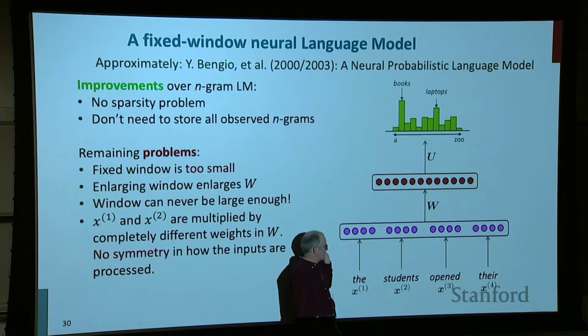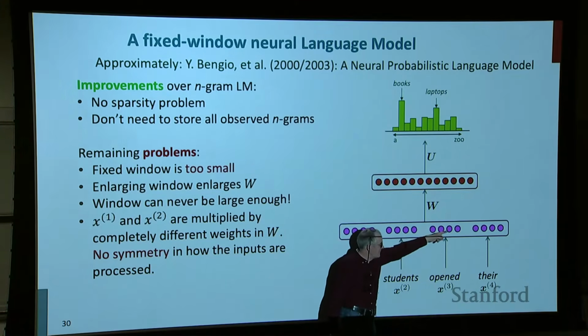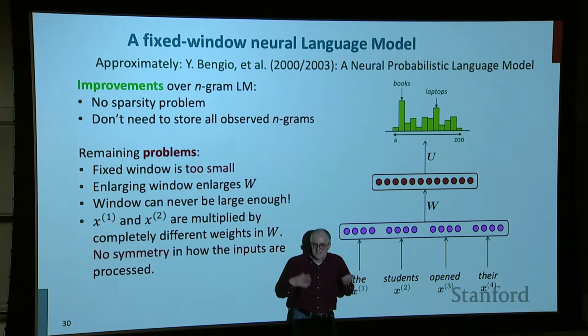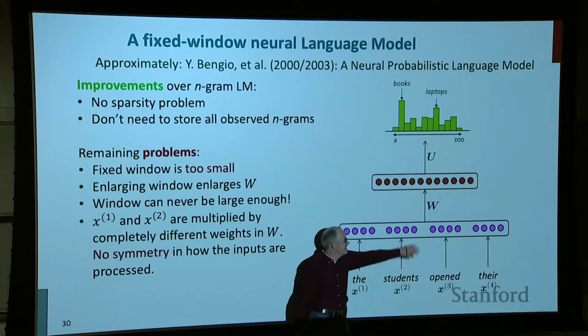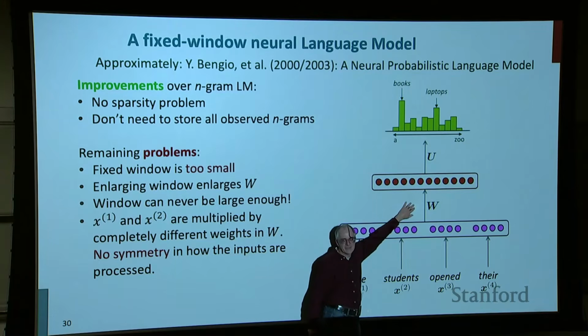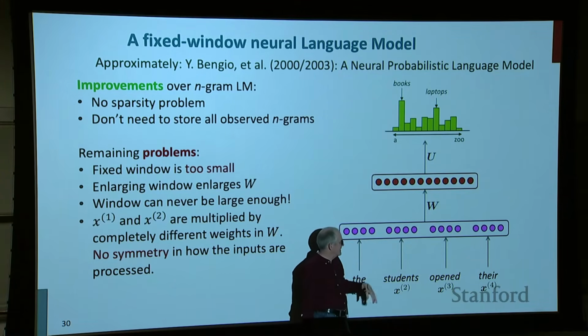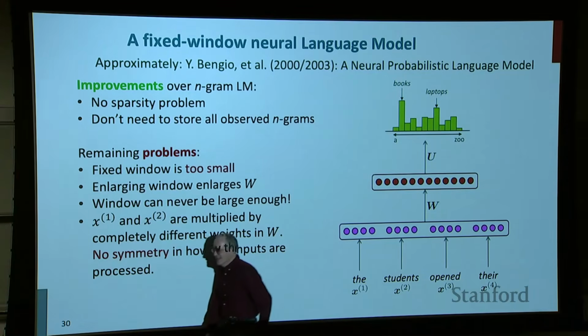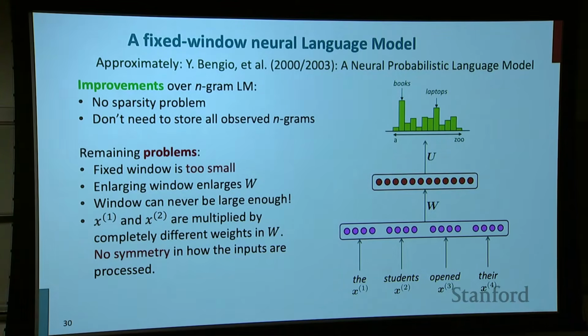The context could have been the students slowly opened there, and it's still the same students. We've just got a bit different linguistic structure, where this W matrix would be using completely separate parameters to be learning stuff about student here versus student in this position. So that seems kind of inefficient and wrong.